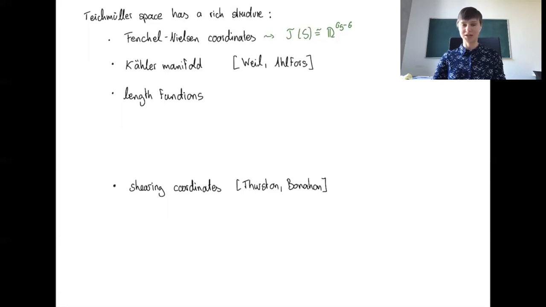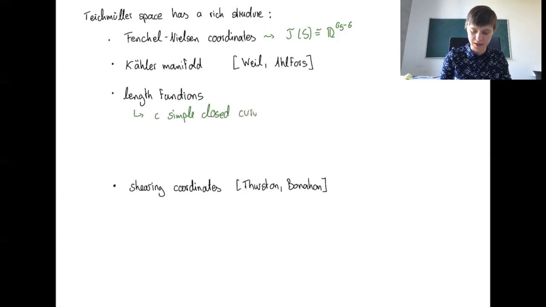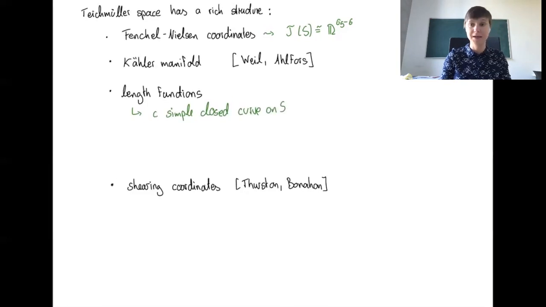Another thing we can look at on Teichmüller space are length functions. So we can look at c a simple closed curve on S. And if m is a point in Teichmüller space, so a hyperbolic structure on S, we can measure the length of this curve with respect to this metric.